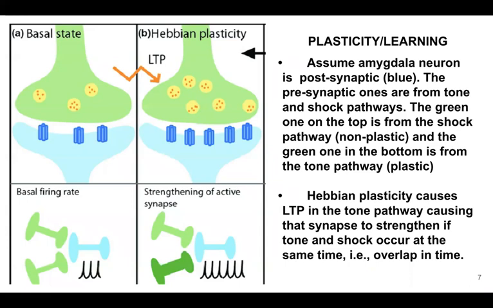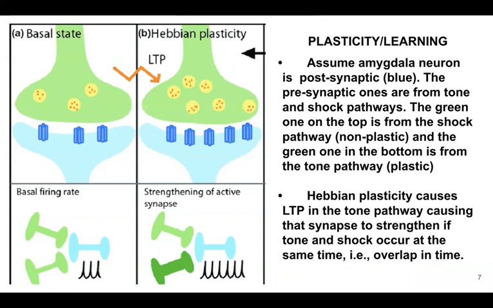AMPA receptors are mixed cation channels and let only sodium and potassium in, while NMDA receptors are also mixed cation channels, but they also let in calcium. So the reversal potential of AMPA and NMDA receptors is 0 millivolts.